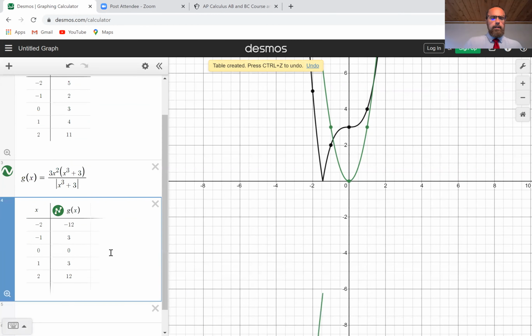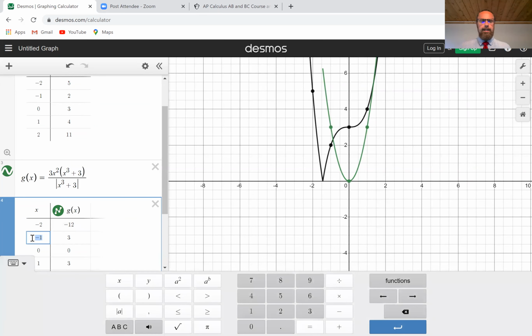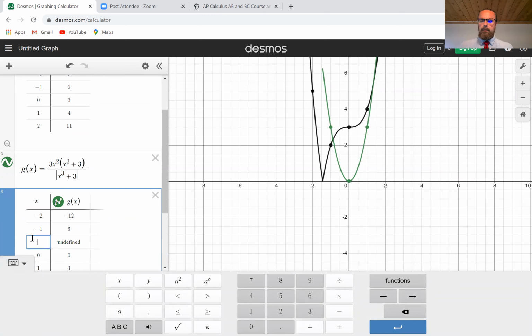And I also want to include the point that we found, which was the cube root of -3, which should be between -2 and -1. So we'll do the cube root of -3.